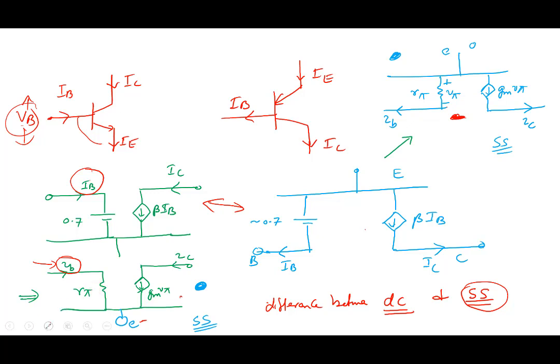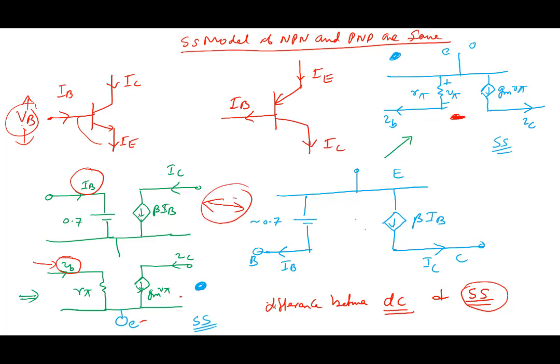So the small signal model, SS model, of NPN and PNP are the same. DC models are different. That we have already seen. You have to take the proper polarity of sign and proper directions of currents to look at the emitter, base and collector. Otherwise, the small signal models are exactly the same.